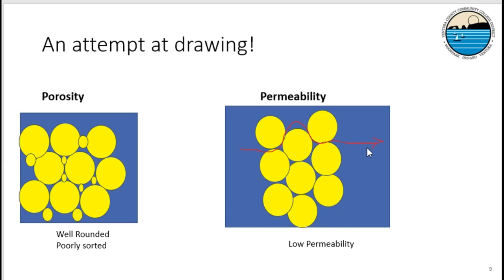So for the flow to go from left to right, it would take quite a bit of effort to go around this grain. But if we were to go from top to bottom, you can see that that's fairly more direct. It doesn't have to do this twisty turn that it did moving from left to right. So there are some examples of the differences between porosity and permeability.